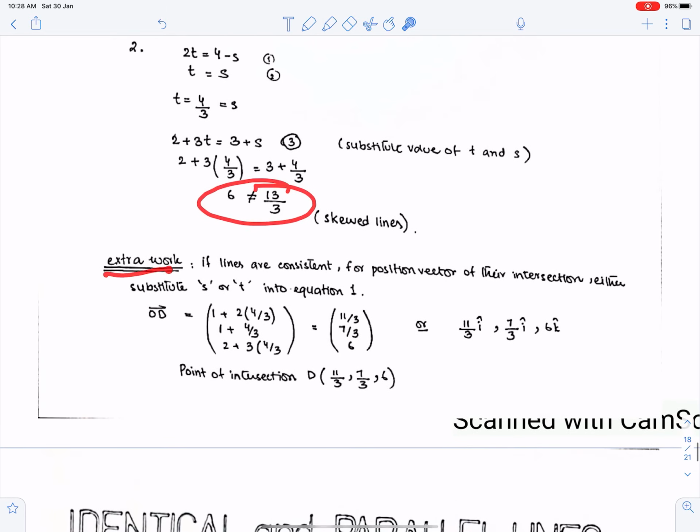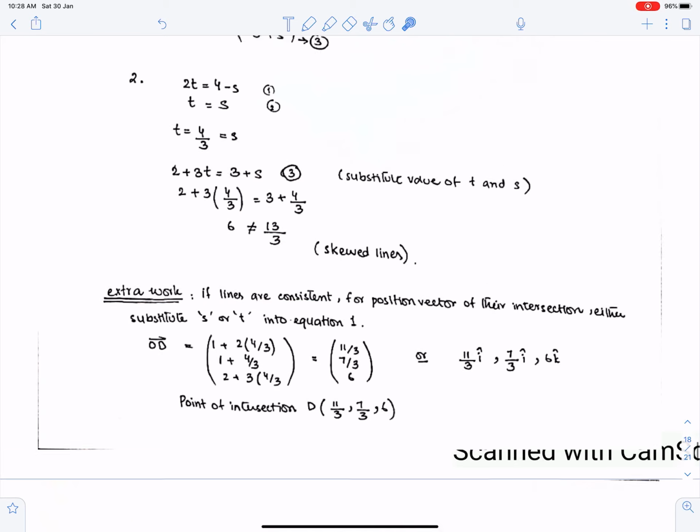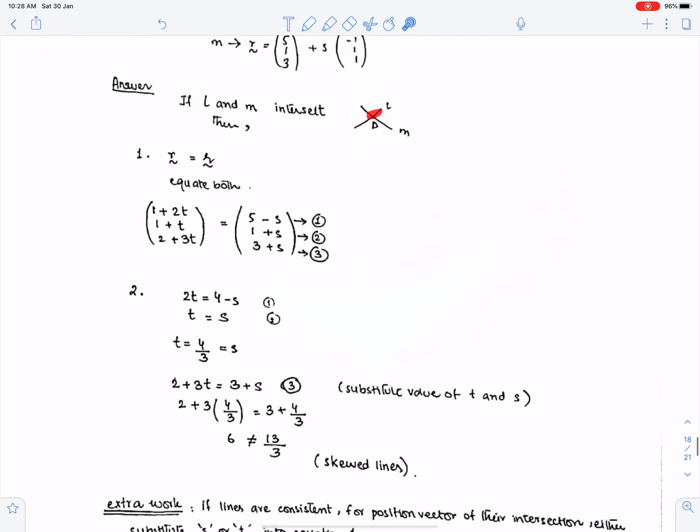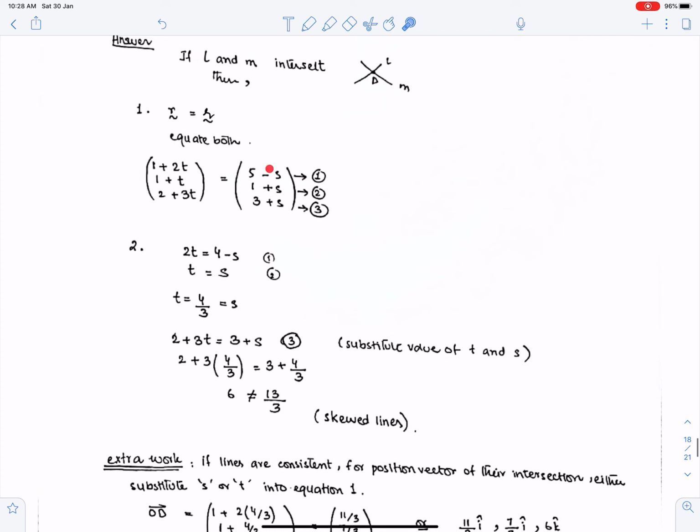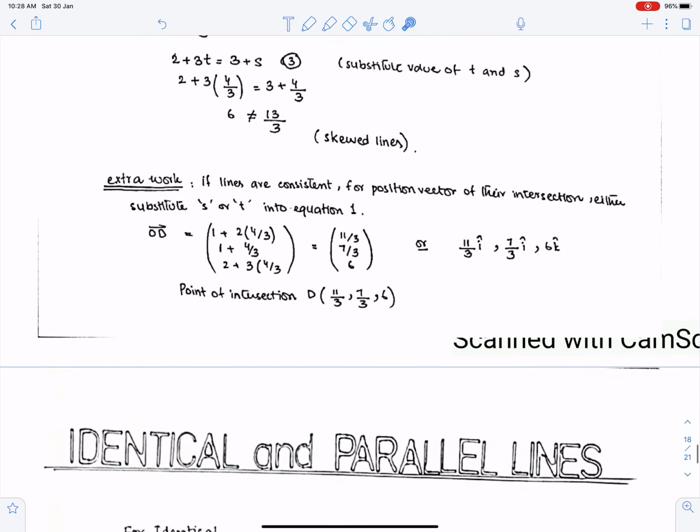This is the extra work. If lines are consistent, if both the sides were equal, then for this point of intersection, we substitute either S here or T here. If this equation would verify, then we substitute either T here or S here to get the position vector of their point of intersection.